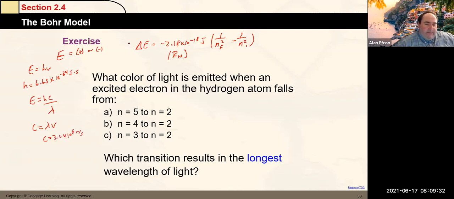This, as we saw, can tie into those equations as well, so this would equal hc over the wavelength, and also equal h times the frequency. By calculating this energy change when those electrons are transferring, we could also figure out the wavelength associated with that photon of light coming off as those electrons transition, and also the frequency associated with it. We did a number of examples here, including this example where we calculated all those things.